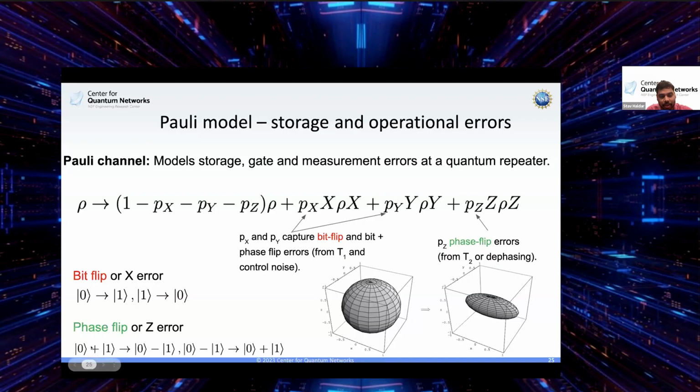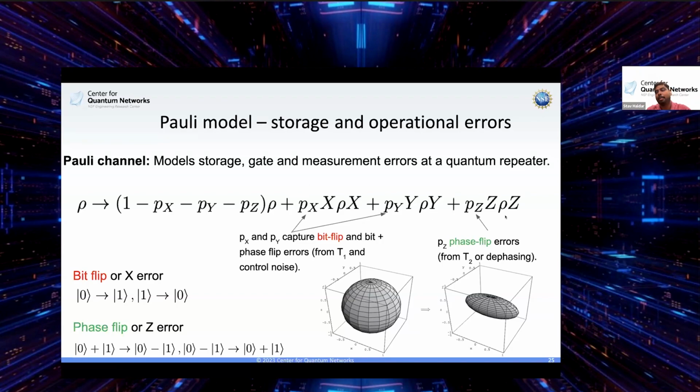So for example, this is what happens for a plus state. If you have a 0 plus 1 state, what a phase flip does is it takes you to a 0 minus 1 state, and if you have a 0 minus 1, it takes you to a 0 plus 1 state. So it changes the phase. Therefore it directly impacts the off-diagonal elements of the density matrix. So the dephasing part of the memory noise could be included in this. All 3 combined together are the errors px, py, and pz.